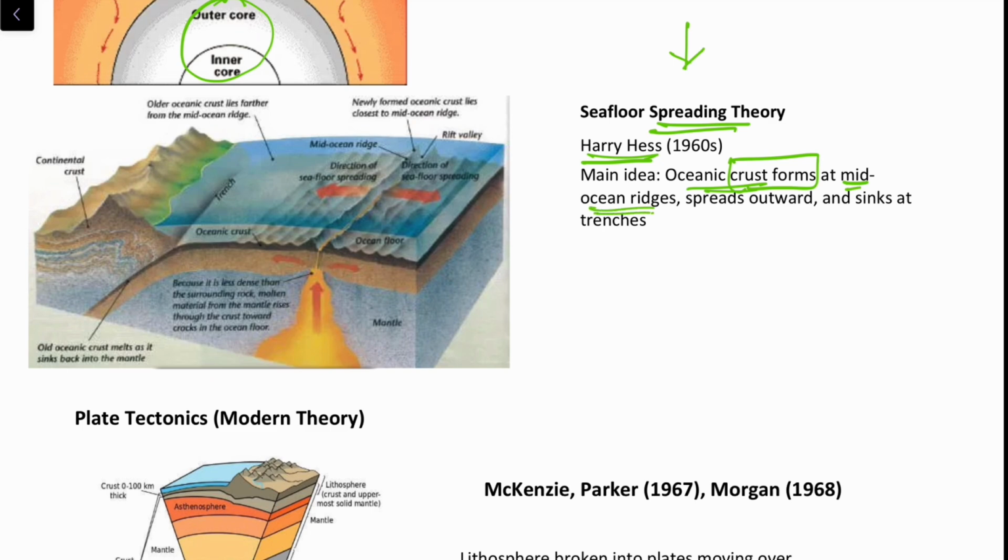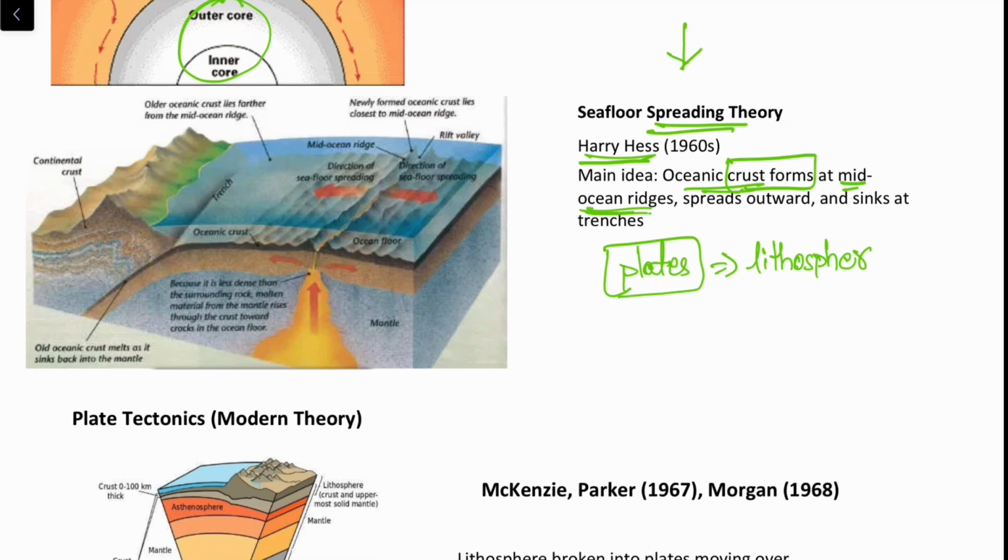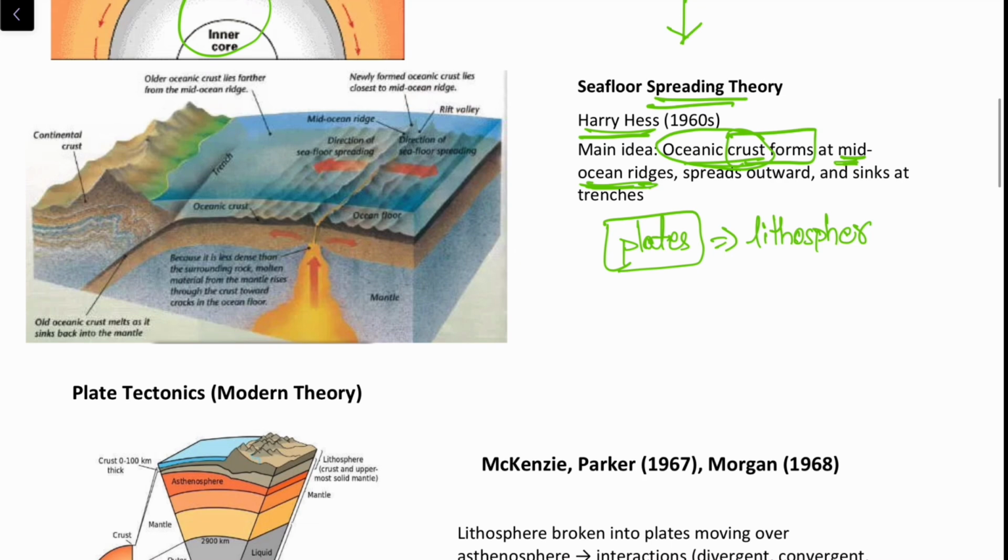That means where the plates formed due to the division of the lithosphere diverge at the mid-oceanic ridges, new oceanic crust is forming, and the plates are sinking at the trench region. This is the trench region, okay.